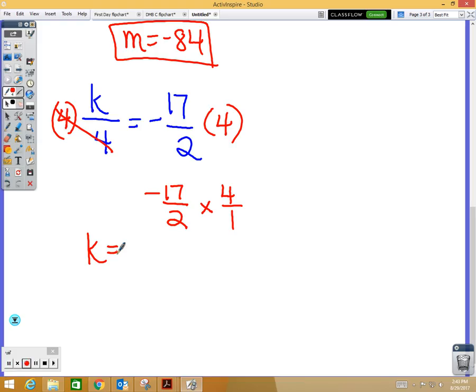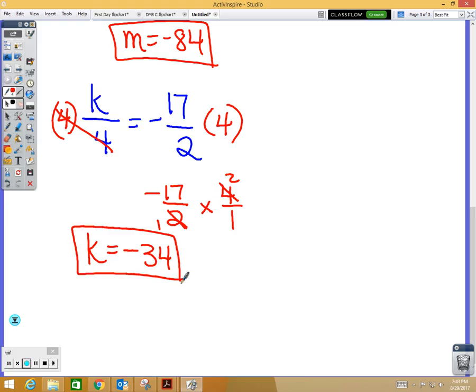Now, would our answer be positive or negative? Negative. Remember when you're multiplying fractions that you can use the shortcut of cross-reducing? So like 2 and 4 can both be divided by 2. It saves some time. So what's your answer to that? Negative 34. 17 times 2 is 34, not 38. That's okay. Just want to make sure we're all on the right track.